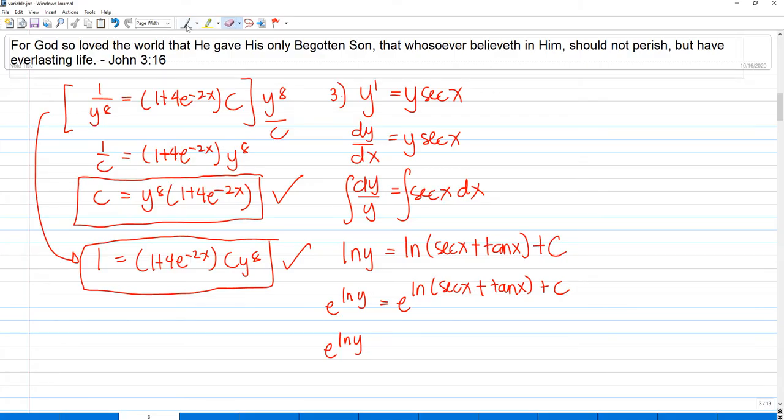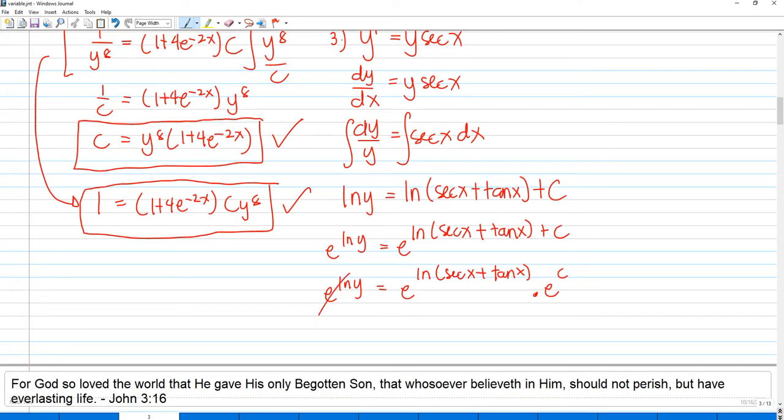By properties of ln, we have e raised to ln of secant x plus tangent of x, multiplied by e raised to c. So that this would cancel. e raised to c would be equal to c. So y equals secant of x plus tangent of x multiplied by c. So that would be our answer for number 3.